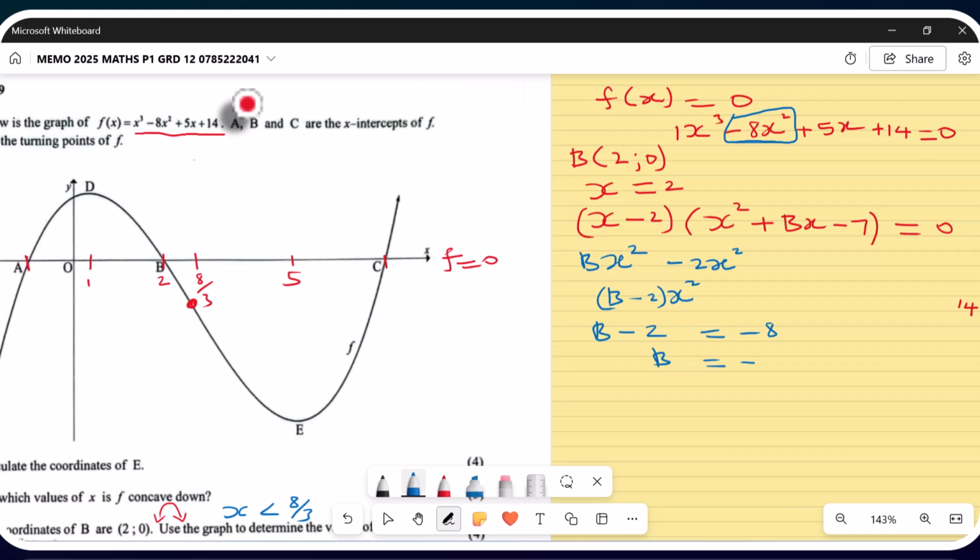So in here it means I have x minus 2 into now the factors here. I'm gonna have x minus 7 and then x plus 1.